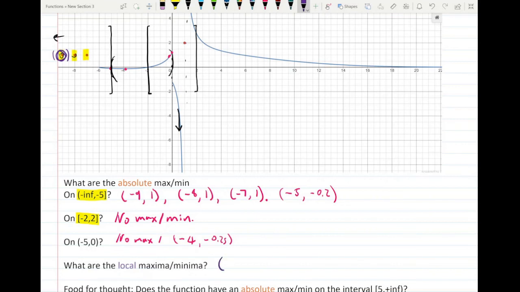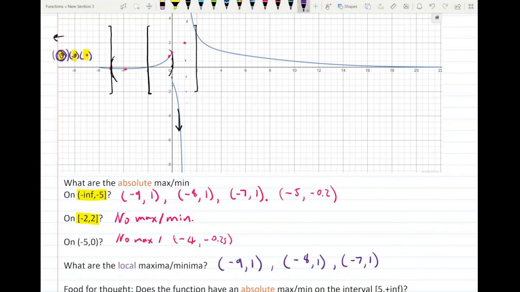So this point here, -9, 1, is both a local maximum and a local minimum. And the same goes for these other 3 isolated points, because you can narrow your field of view so much that they're the only point around. So -8, 1, -7, height of 1.